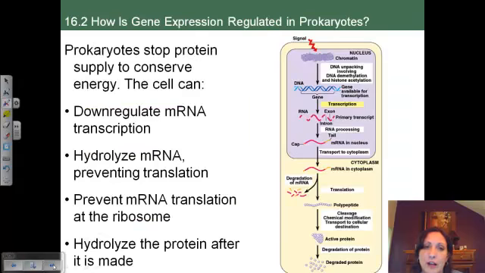We're going to now look at how bacteria control gene expression. One of the things we see here is there's lots and lots of steps along the way, right? So it's what the DNA actually looks like here, and we'll look at this more with eukaryotes, whether it can be transcribed.